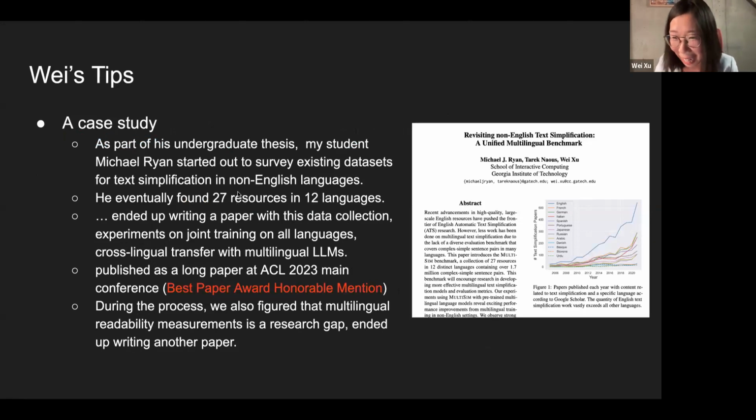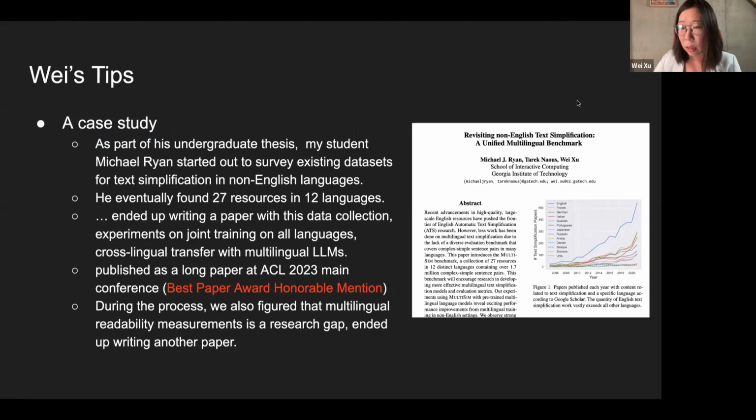There's a case study. I guess Michael Ryan is actually here. Michael was an undergraduate student in my group. As part of the undergraduate thesis, Georgia Tech requires students to start with a literature review, and then we just started to work.